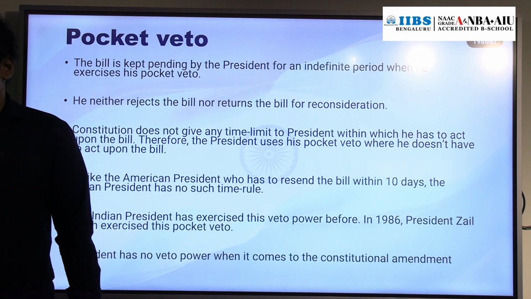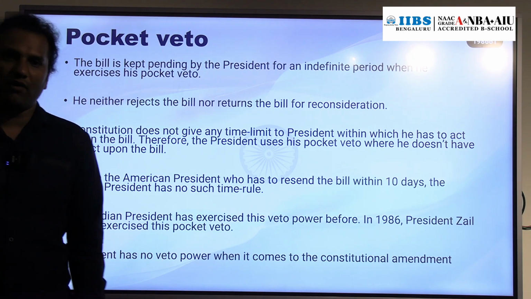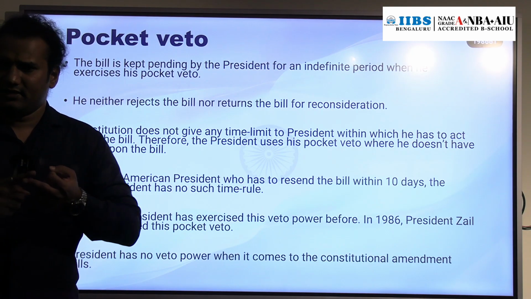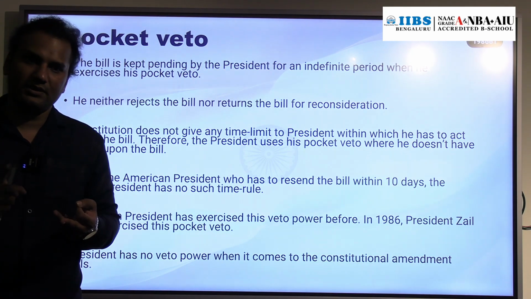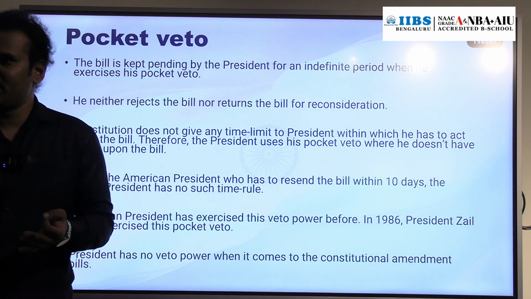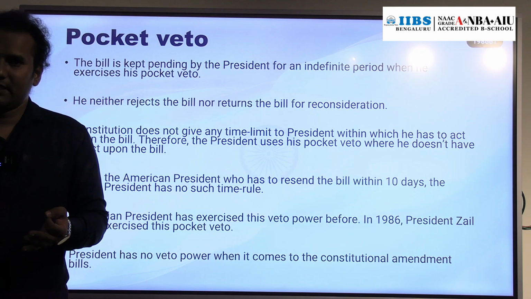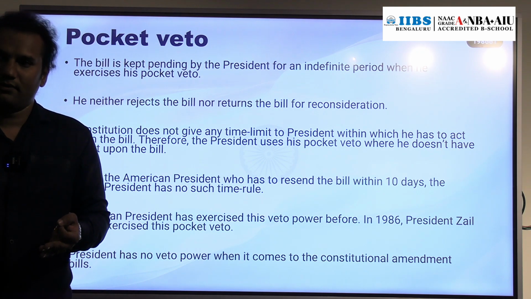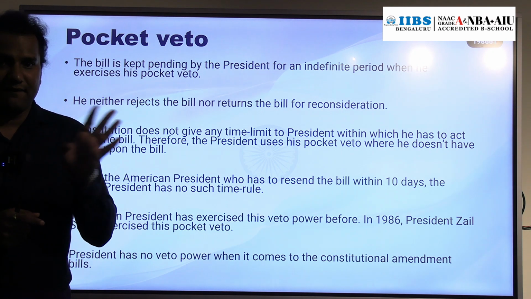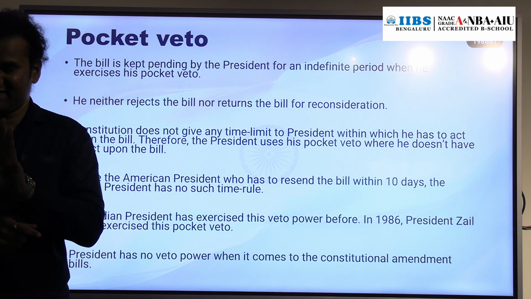Understood everyone? So this is about the veto power of the President of India. So 3 veto powers are there. What are those? Absolute veto, the president will reject the bill. Suspensive veto, the president will return the bill. Pocket veto, the president will not reject and will not return, simply keep the bill for an indefinite period of time. Understood? For every one of the 3 powers, exceptions are there.